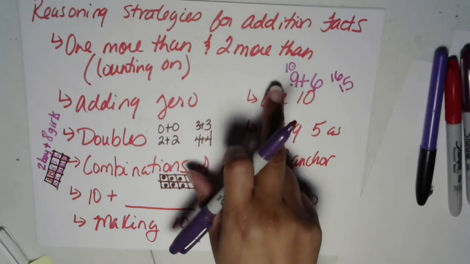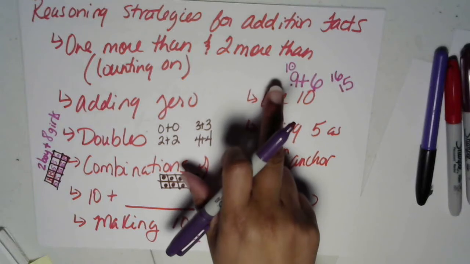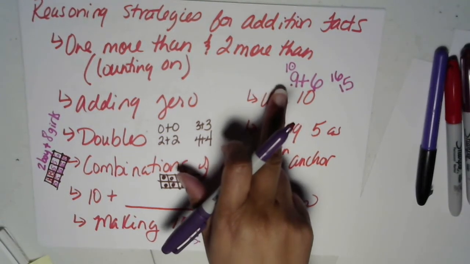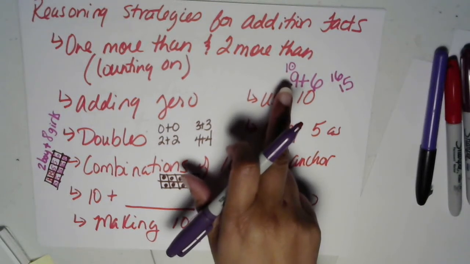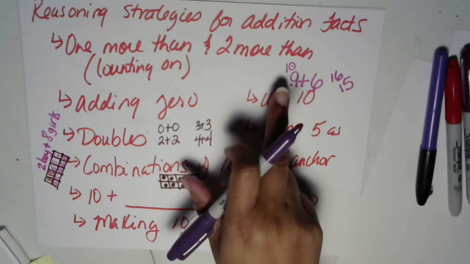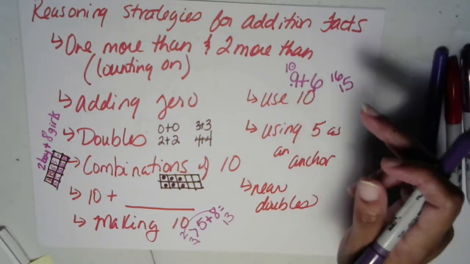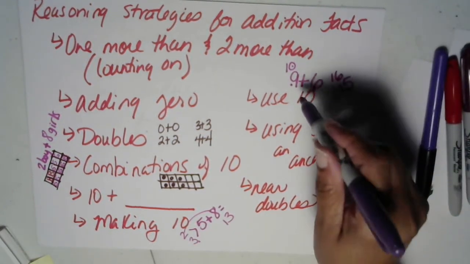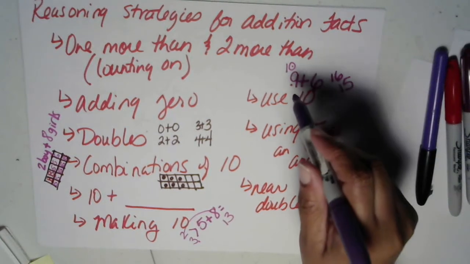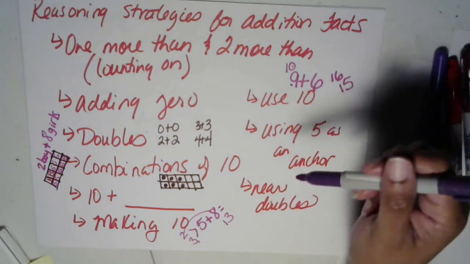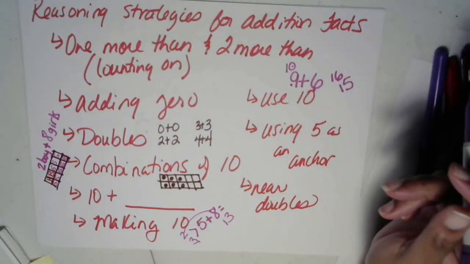And remember, countries and folks who are doing math better than us and outperforming us, they're doing it like this. And 10 is just an easy number for us to manipulate mentally. So using 10, actually replacing one of the numbers with 10 and then keeping track of what's the difference when I use the 10.